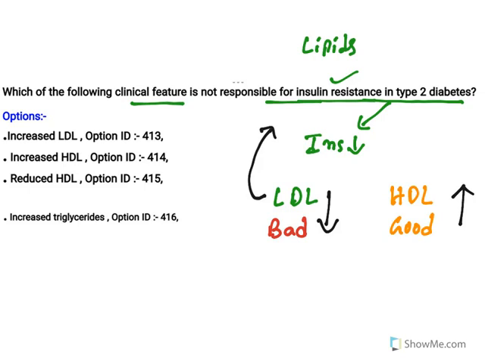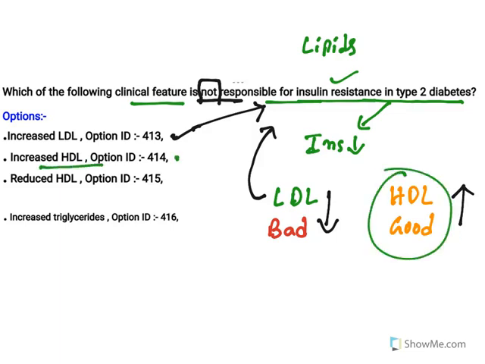See, which of the following clinical feature is not responsible again? What is not responsible? Increased LDL, yes, it causes increase in lipids, bad cholesterol, and it results in insulin resistance. Increased HDL, no, increased HDL is good cholesterol which is required. Now, reduced HDL, you need to have LDL as low as possible, HDL as high as possible.